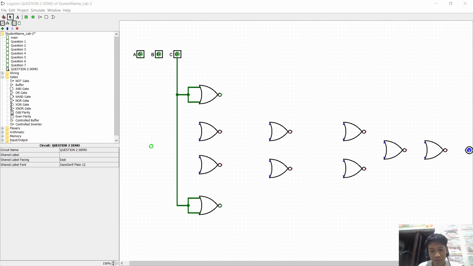For input B, we will be putting it here in the third NOR gate. And then lastly, the A input.